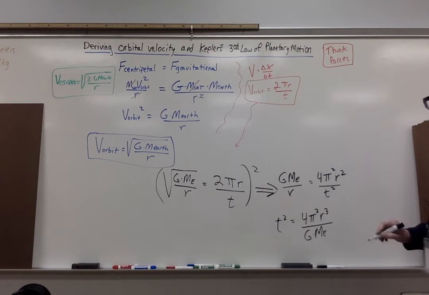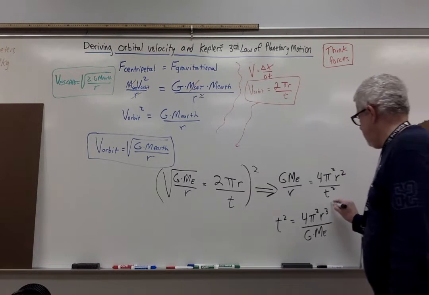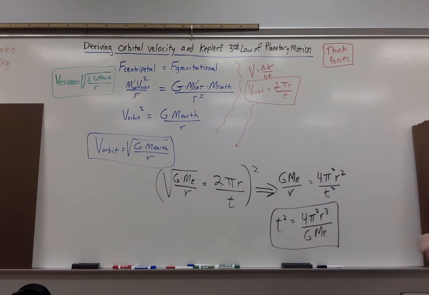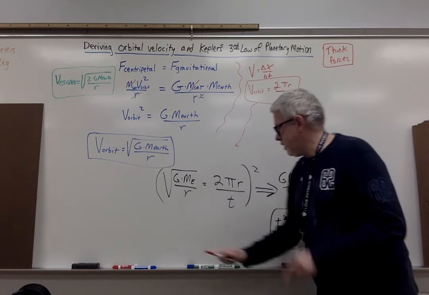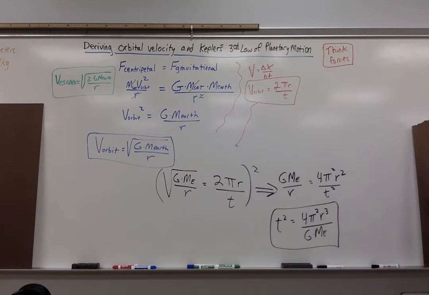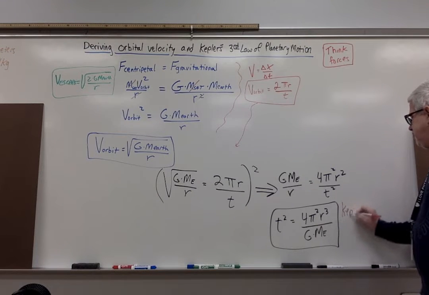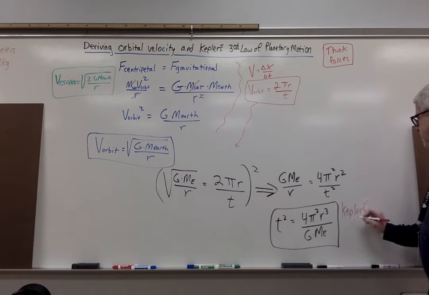And that's it. You might say, so what? Well, it's a fairly complex mathematical relationship, and it basically says the period of rotation, the time to go around an orbit for a planet or any sort of celestial body, that time squared is related directly to the cube of the radius. And that is a very classic thing to understand.